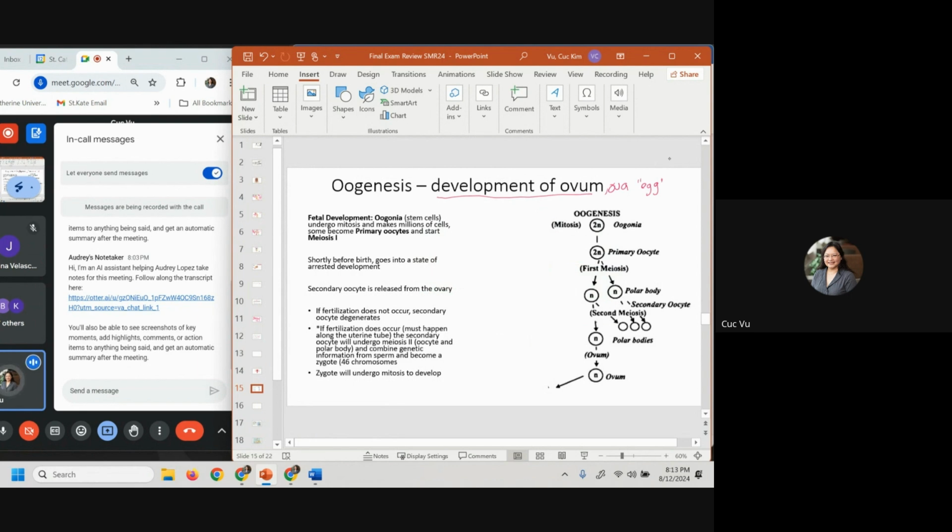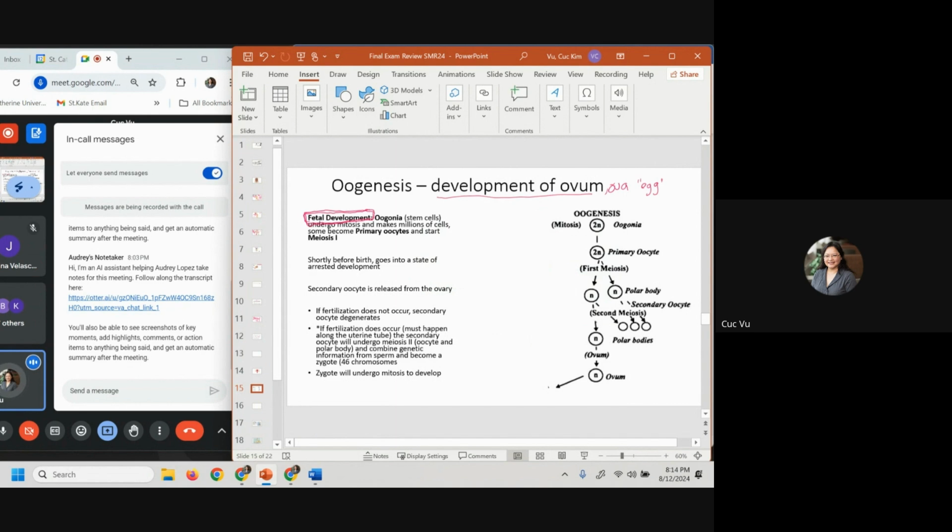One big distinguishing factor is that a female develops the eggs she has during her own fetal development. So she'll be born with all the eggs that she will have in her lifetime.